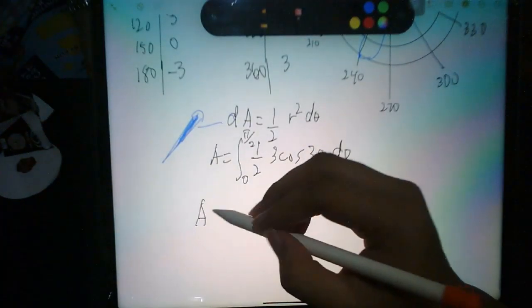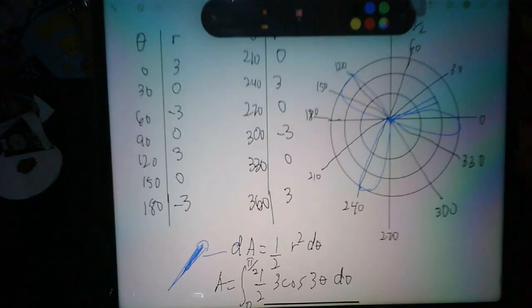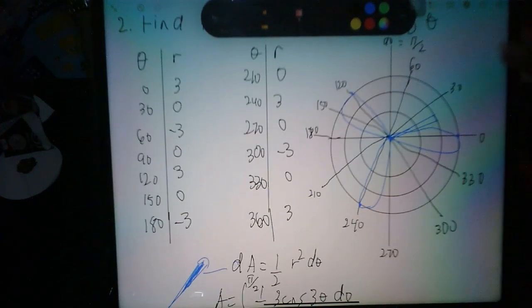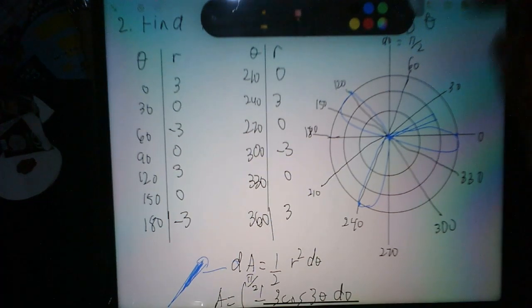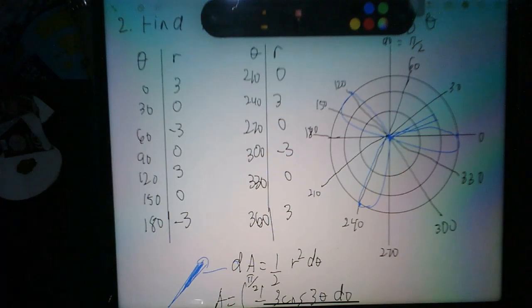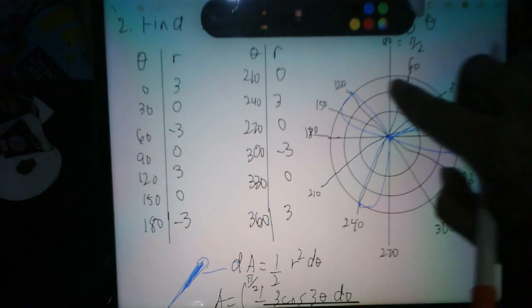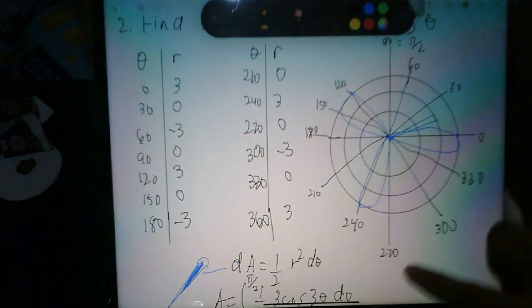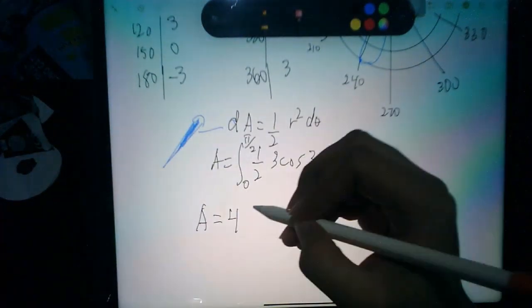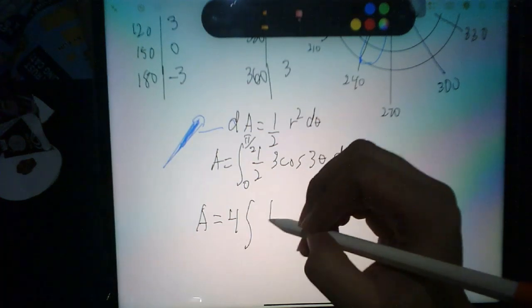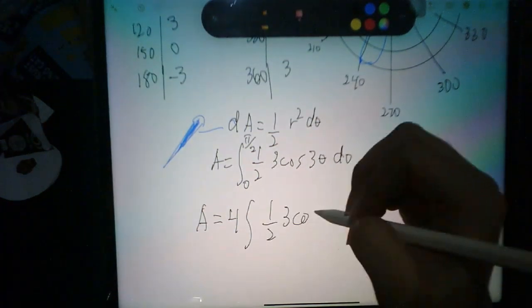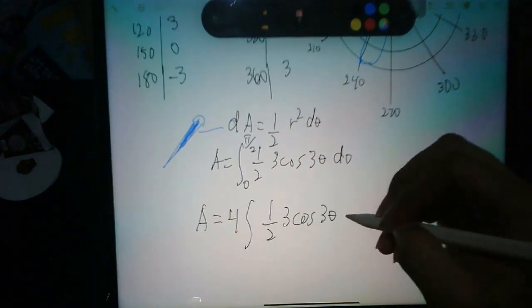So the area is equal to, this just covers 1, and let's put 4 here because it covers all the area. So let's put 4 here. Integral of 1/2 times 3 cosine of 3 theta squared.